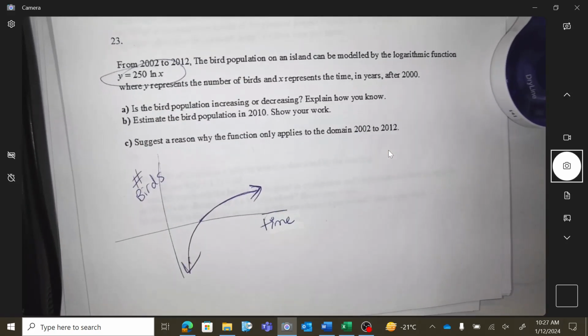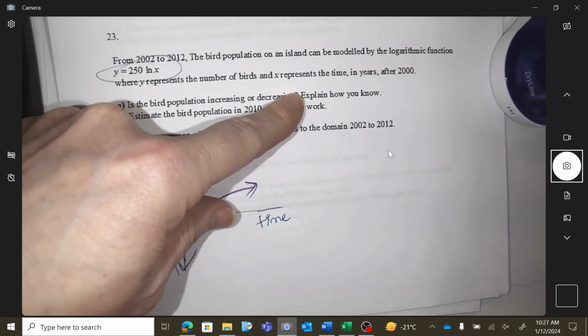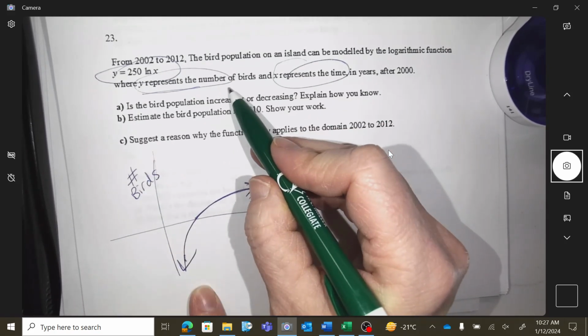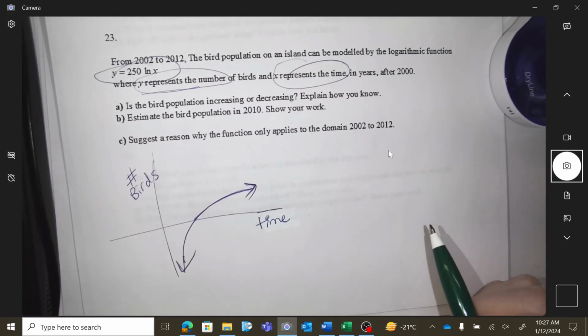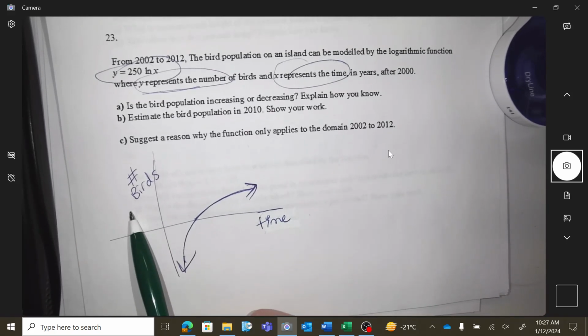You know what would have helped if I read the question? Time is the x. X is the time. And then y is the number of birds. So I guess I probably don't need time big. I probably need number of birds to be bigger.